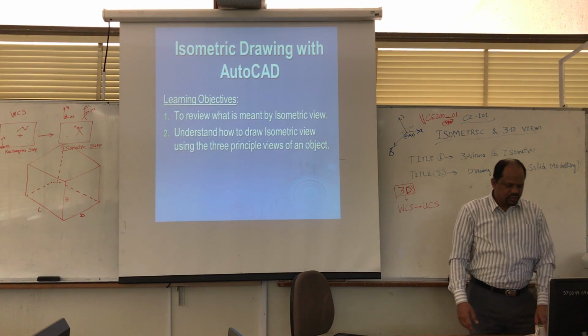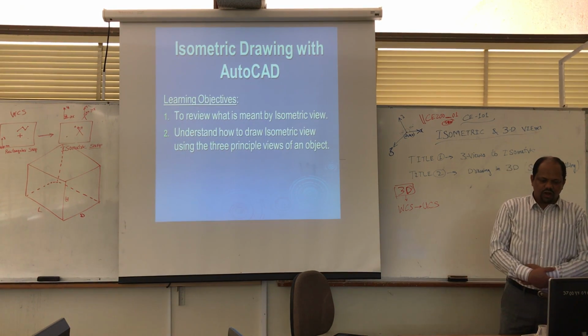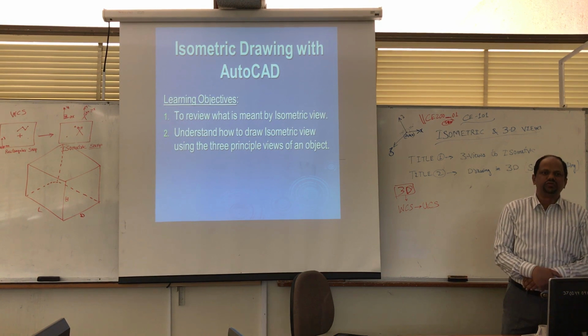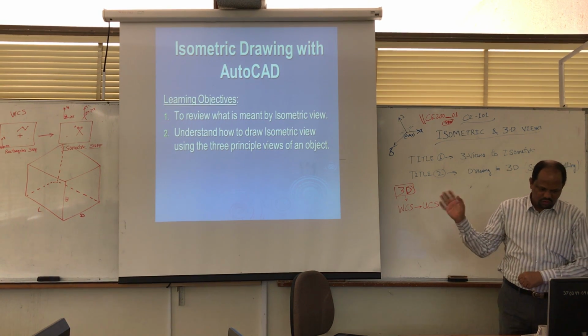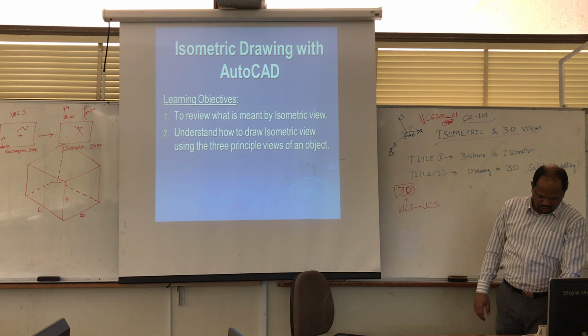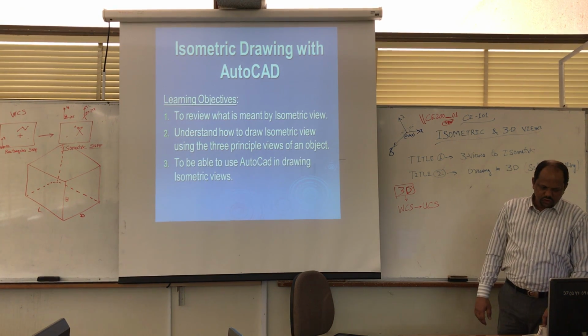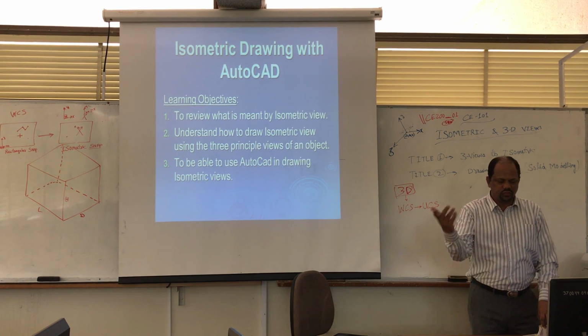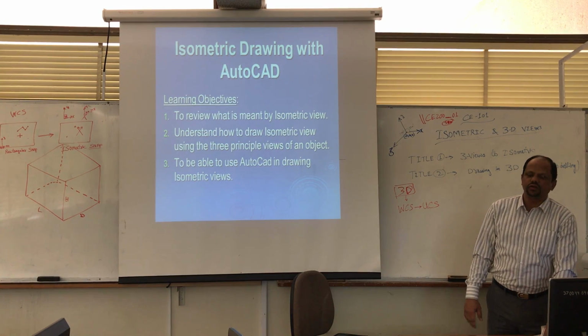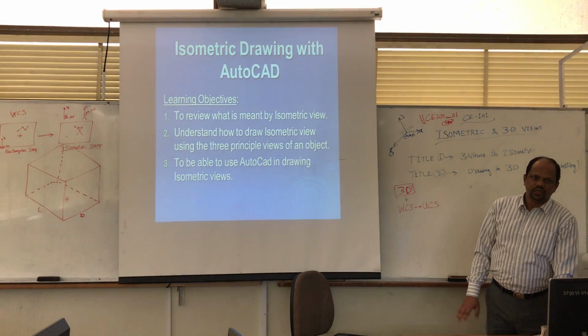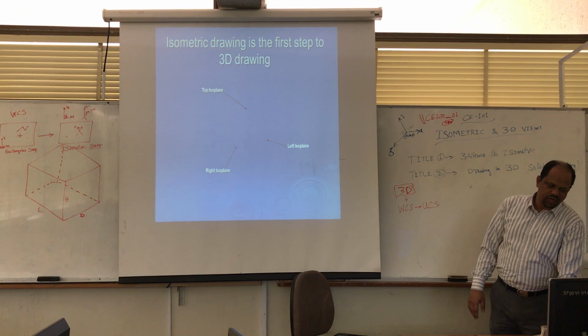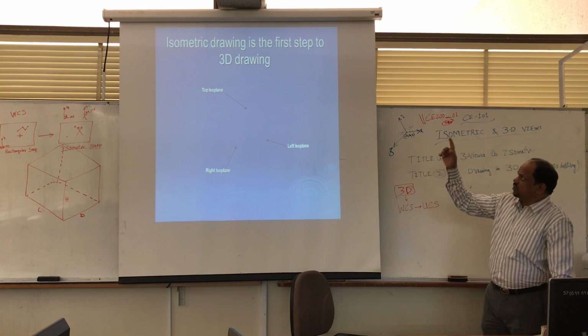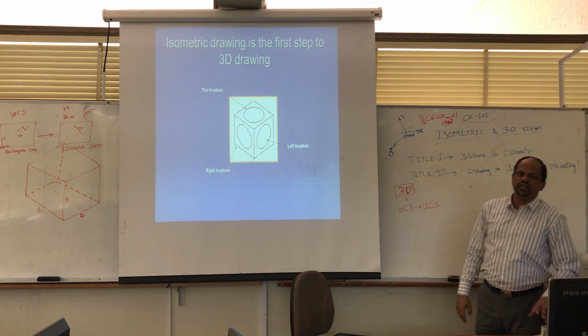Everyone should remember and understand how to draw an isometric view using the three principal views of an object. I will show you how to draw it, using AutoCAD, of course, since all our drawings are done in AutoCAD. Isometric drawing is the first step to drawing 3D.